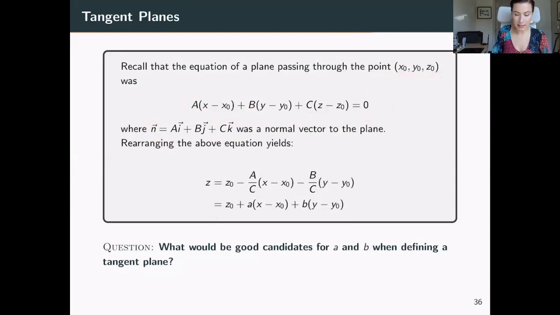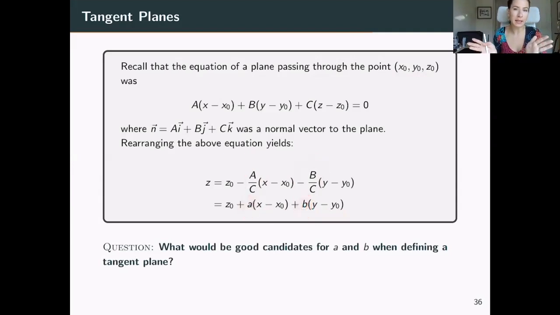So we will get that z naught plus a times x minus x naught plus b times y minus y naught is equal to z. Here I've replaced little a for negative a over c and little b for negative b over c.